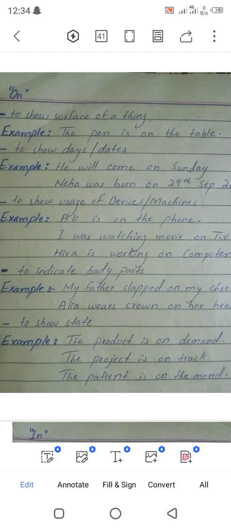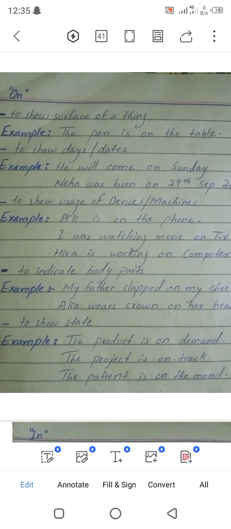Pre means before, and position, of course, refers to the location of something. The word preposition gives us an idea that something is coming before something else. So a preposition always comes first, in front of something and before something.